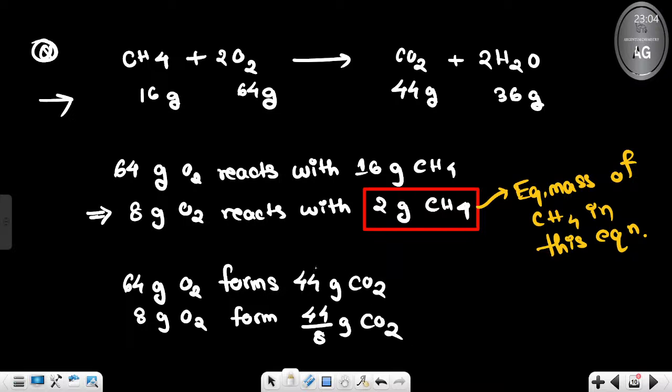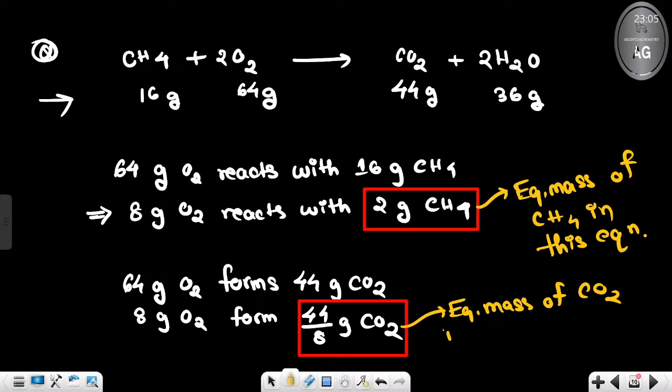So whatever value comes, 44 by 8, that is going to be my equivalent mass of carbon dioxide for this equation. So this is going to be my equivalent mass of CO2 in this equation. Any doubt? This is a basic idea I'm giving you of equivalent mass.